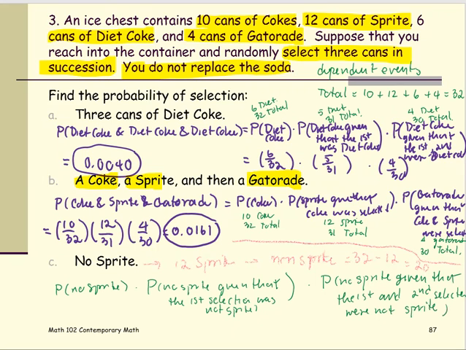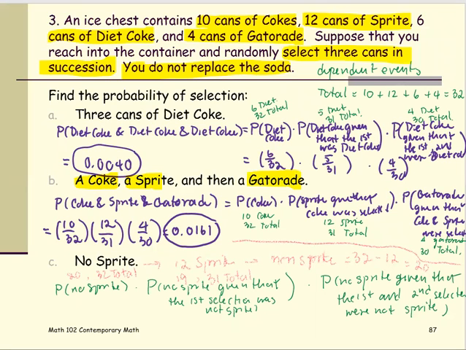That means for each round, for no Sprite, the total is 20 non-Sprite out of 32 total. The second round, if the first non-Sprite was already selected, is going to be down to 19 non-Sprite and 31 total cans to select from.